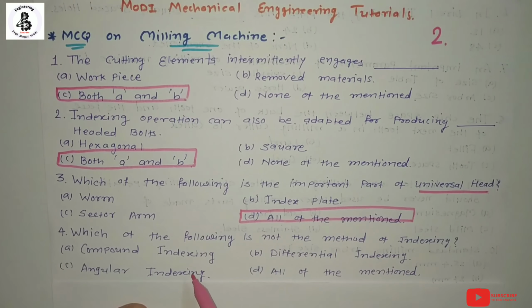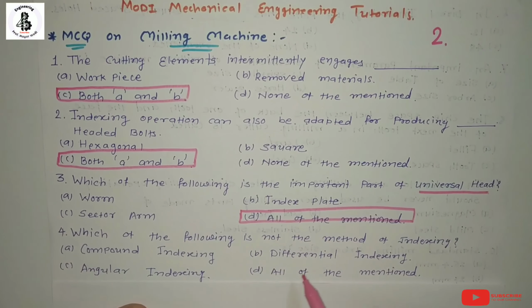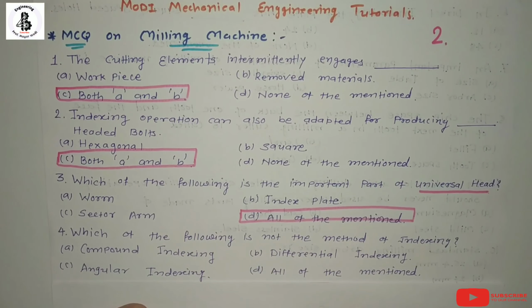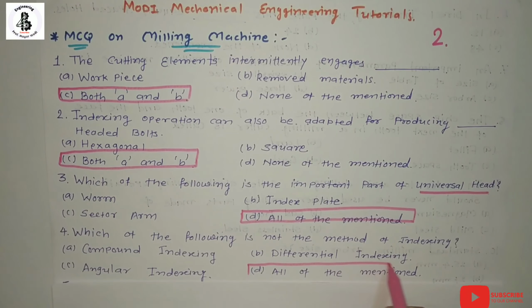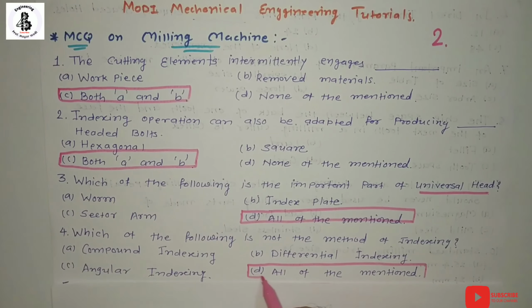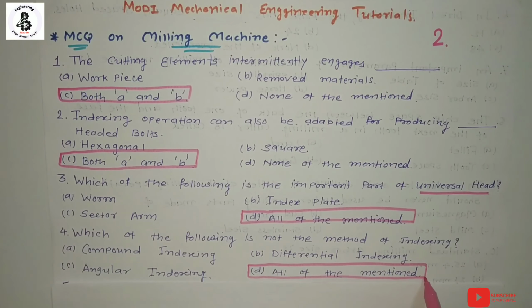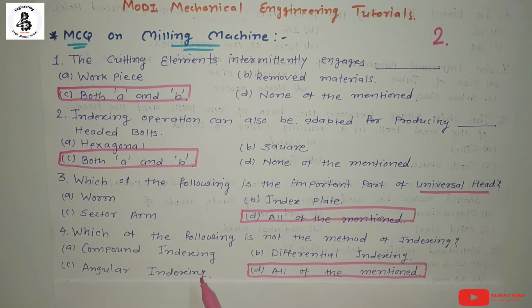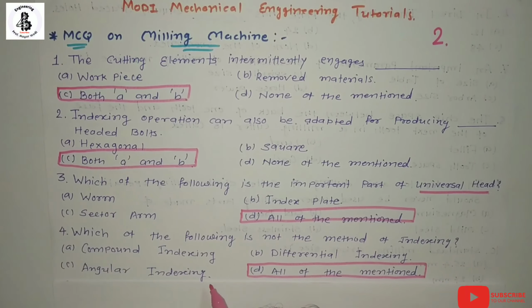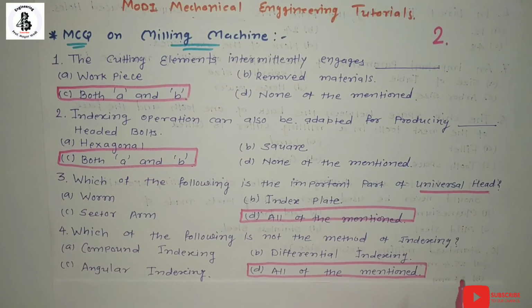So these three are the different types of indexing methods. So the right answer is D, all of the above. If you want to learn in detail about all the different kinds of indexing mechanisms like compound indexing, differential indexing and angular indexing, you will find a link in my description box.